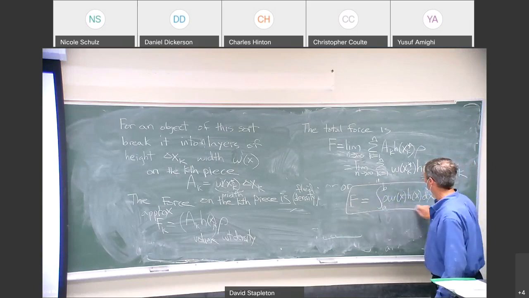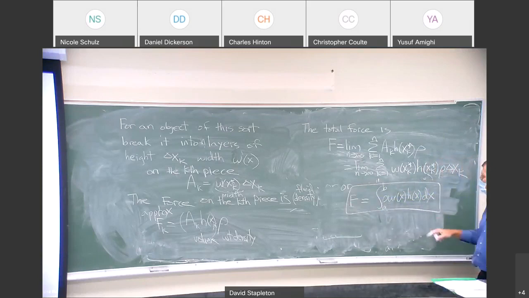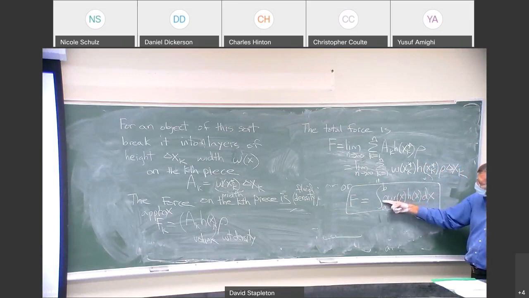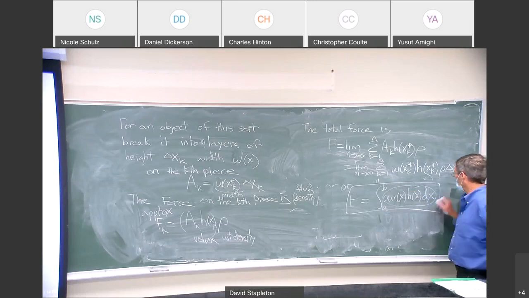There it is. It's just the width of the object times its depth, h below the water, gives you the area of water sitting over it, times the density gives you the force of the water. So this is the infinitesimal force of the water sitting over the small piece, and then integrating from x equals a to b. There's the formula, we call that 5.